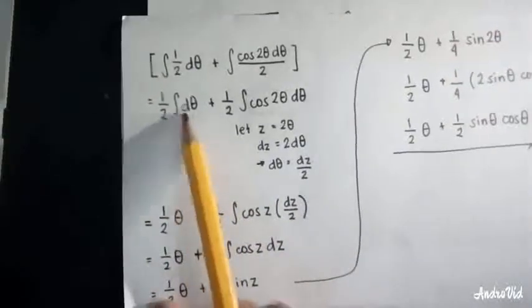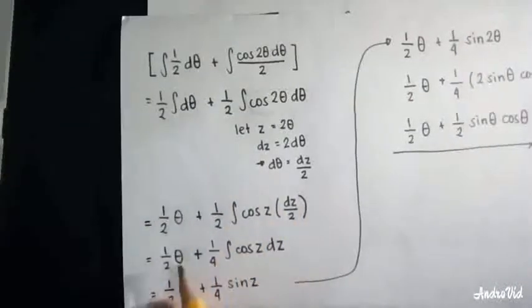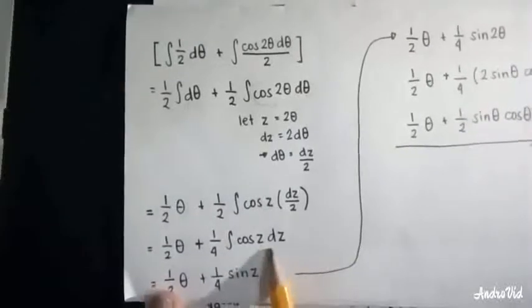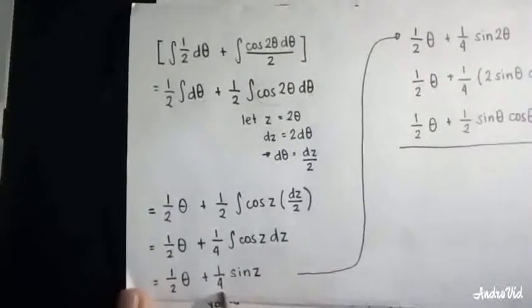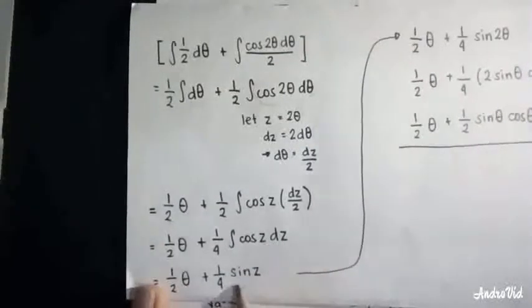We know that the integral of d theta is theta, so we're gonna leave that first. So we have 1/4 integral of cos z dz. We know from our cheat sheet that the integral of cos z dz is simply sine z.